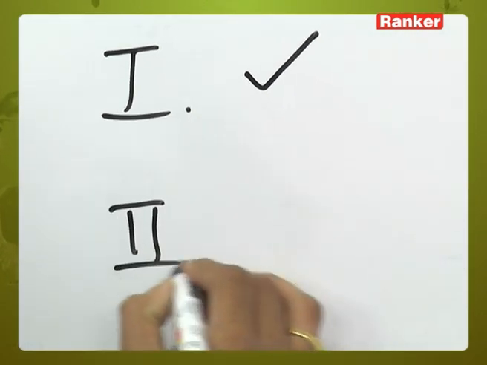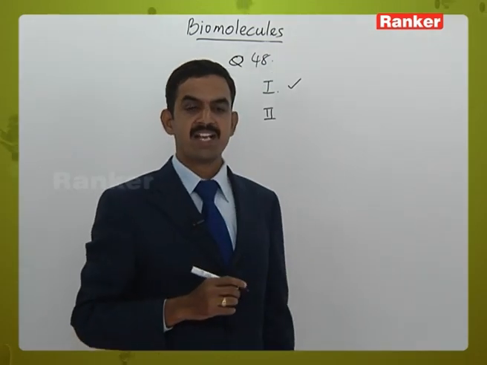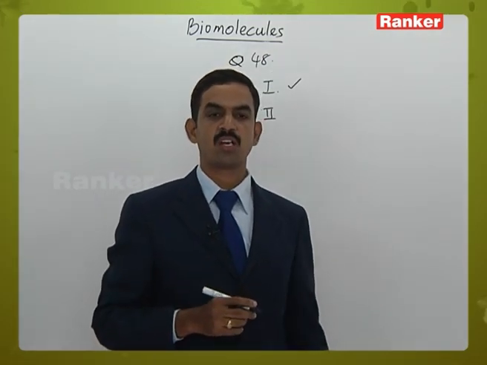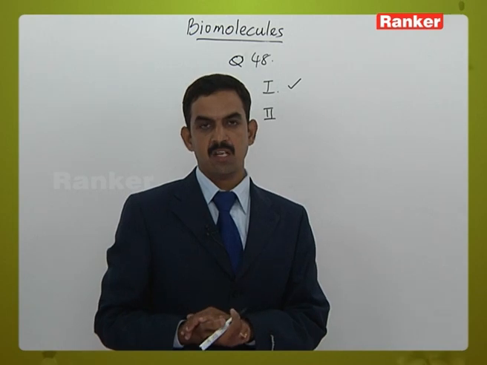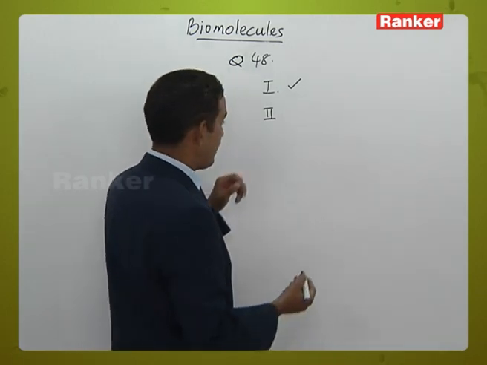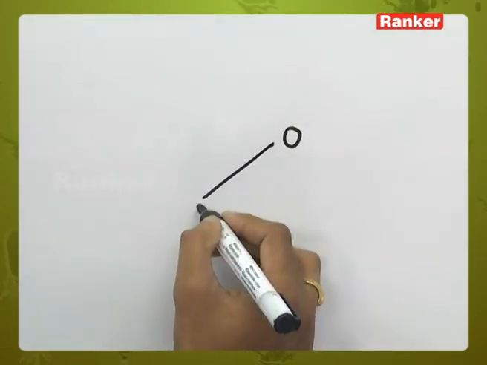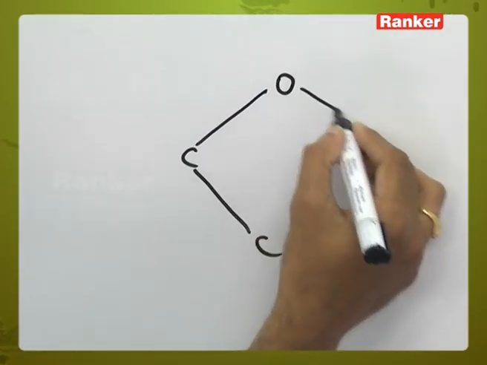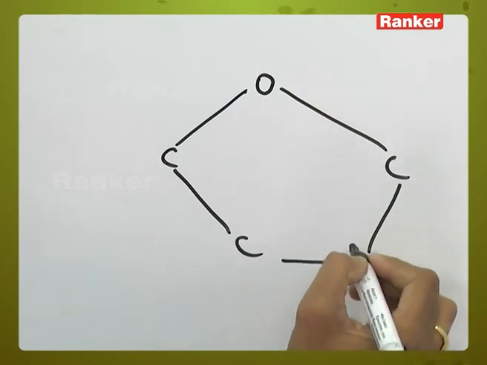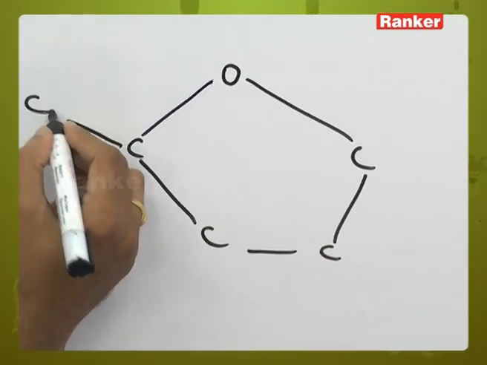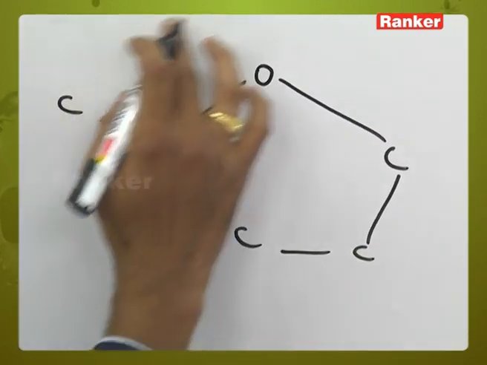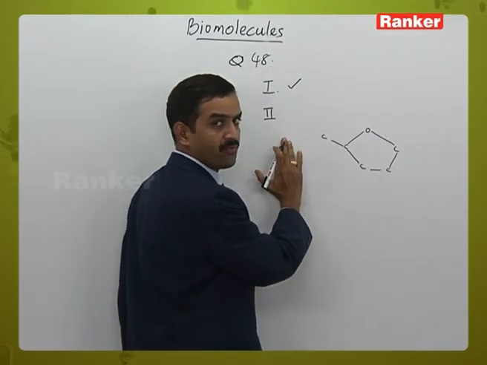Then the second one is nitrogen base and a pentose sugar of nucleic acid. We know that in a nucleotide of a DNA molecule, this is a pentose sugar, and we know that this is a 5 carbon molecule. We are not concerned with the attachment to the phosphate here.